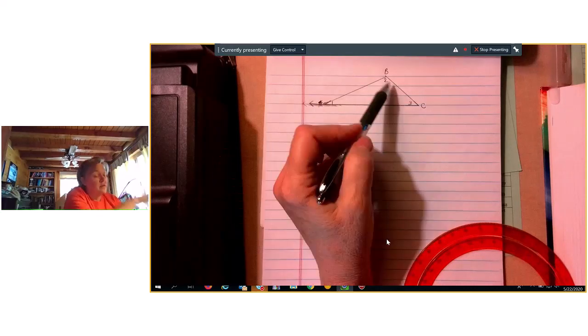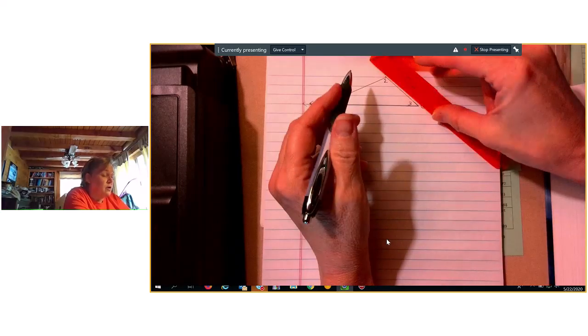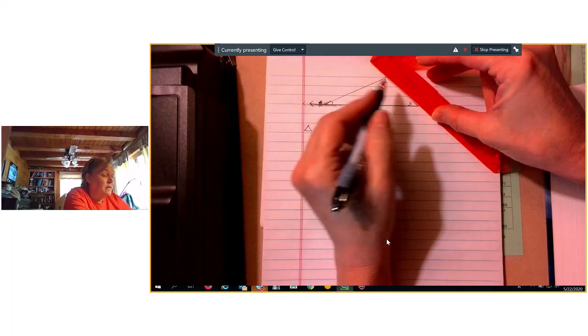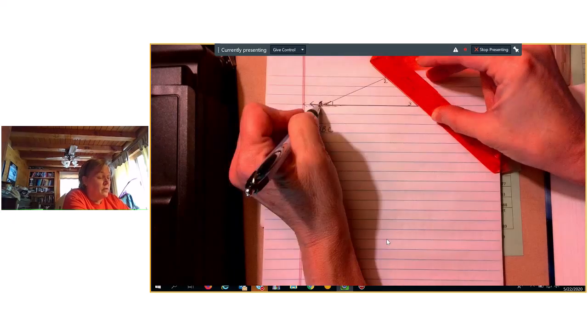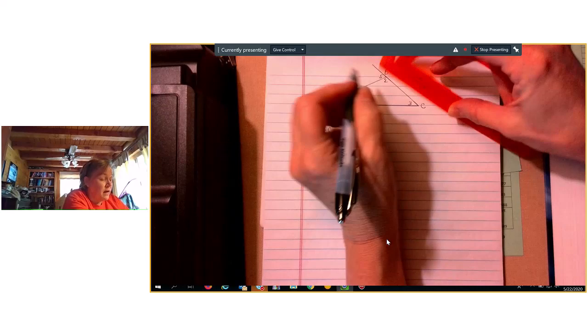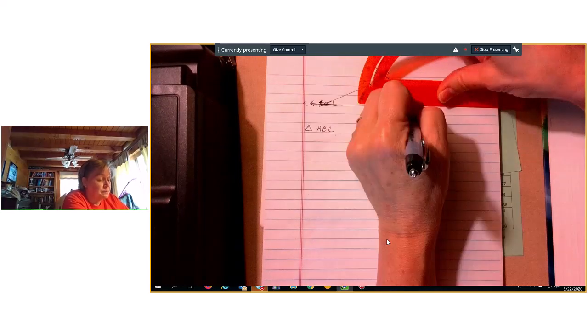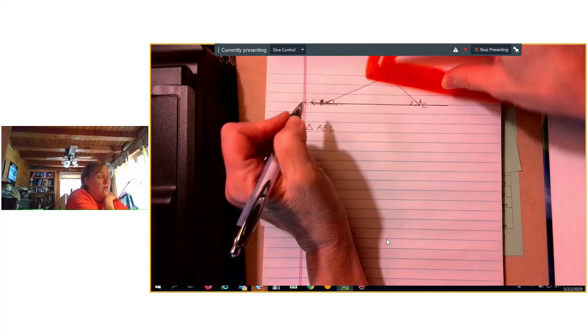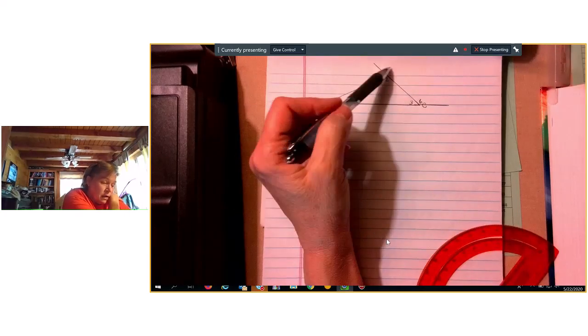Same thing goes with any of these. If I extend these lines on out that I have drawn, then they are going to form angles. So if this is angle 4, then this would be angle 5. And then if I extend this one out, it would be angle 6. So I could form all kinds of angles in here.